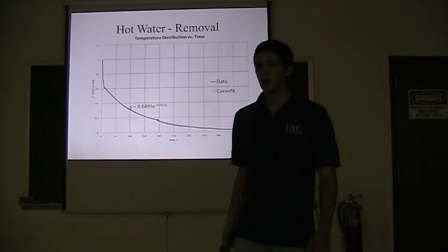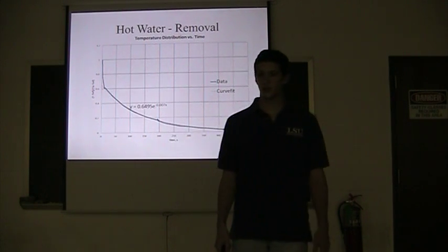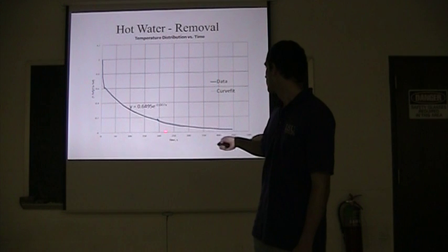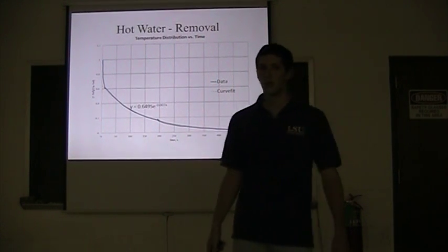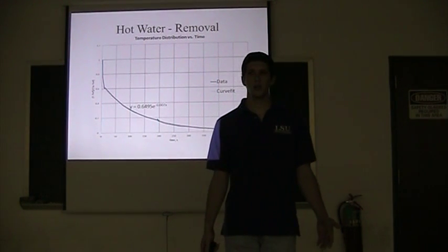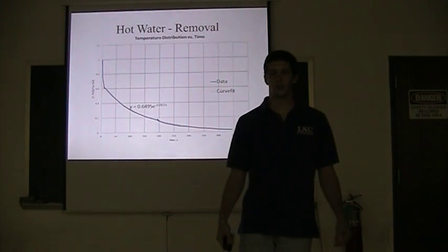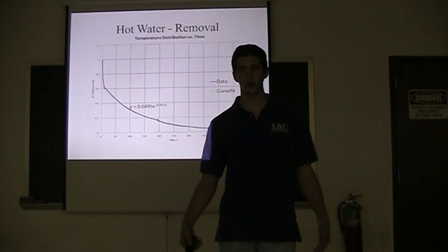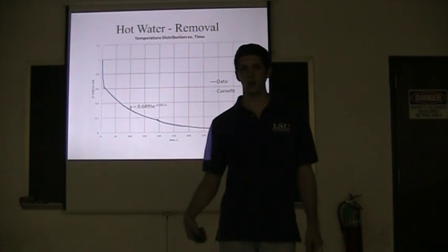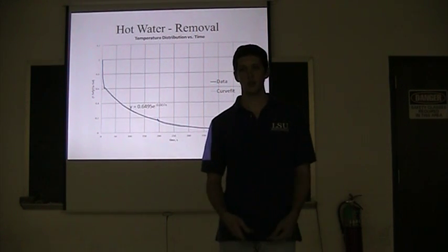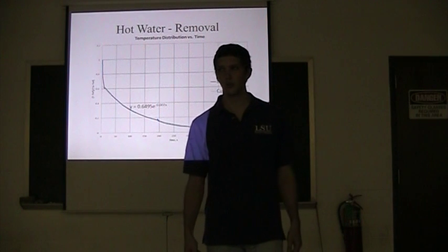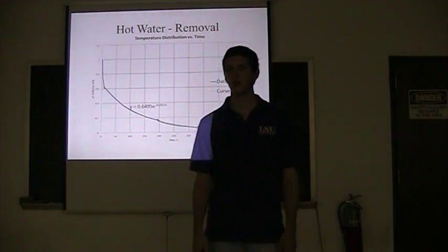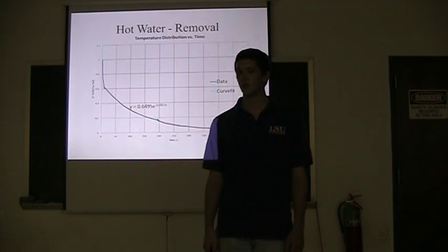So we'll go to the normalized temperature distribution. Here we have a much better curve fit with the exponential. That's basically because for insertion, the heat transfer happens so quickly, whereas for removal, heat transfer happens over a much longer period of time. So any small disturbances have a lot less of an effect on the heat transfer.